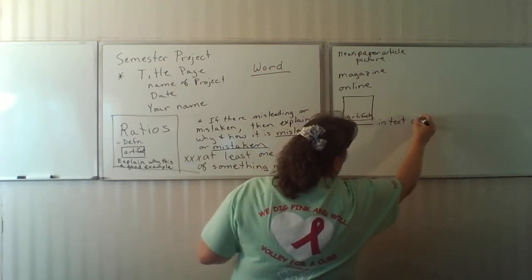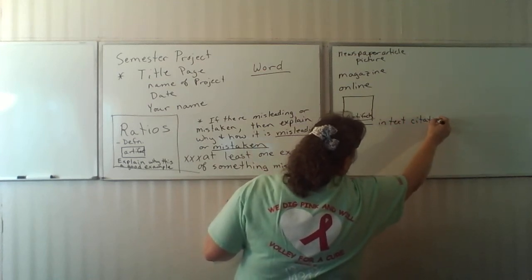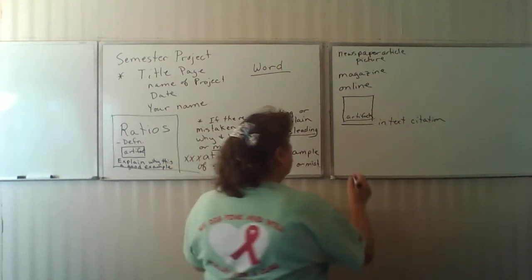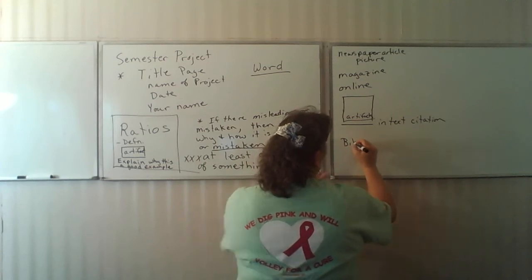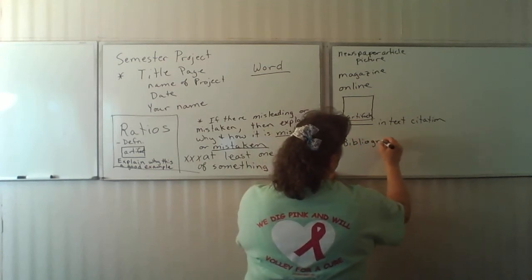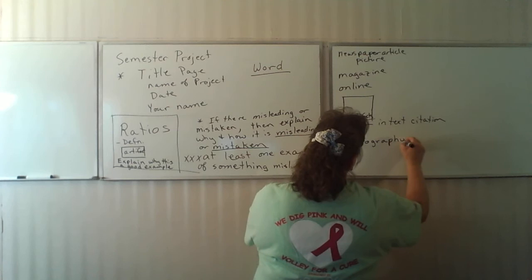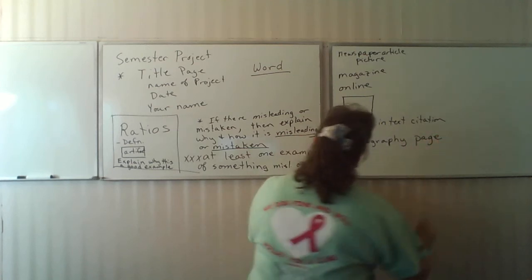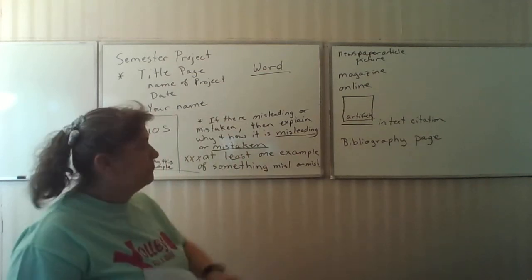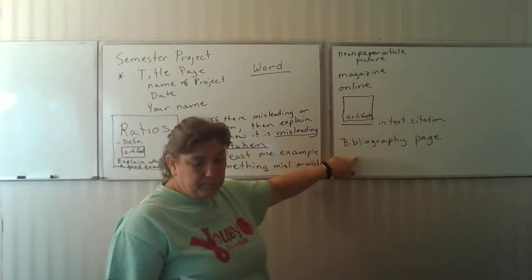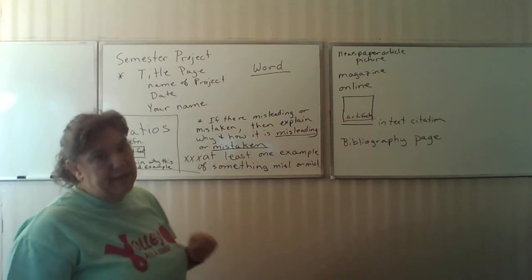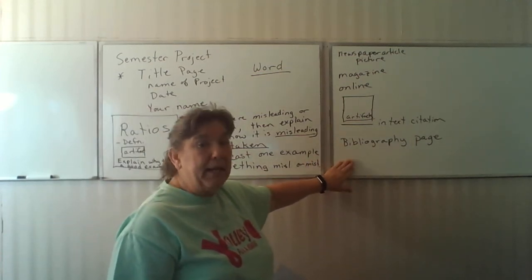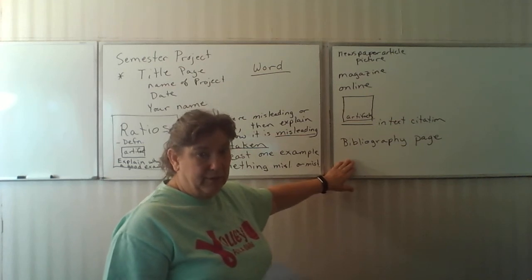In other words, where it is, you put an in-text citation, and then the last thing you need is a bibliography page. And your bibliography page will have all of your citations. Everything that you have taken from another source must be cited in your bibliography page. So that is really important. That should be the last page of your project, okay?